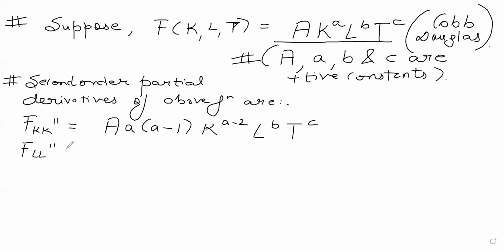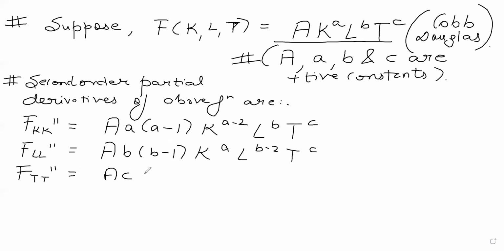Similarly, FLL double dash will come out as b, b minus 1, k to the power a, l to the power b minus 2, t to the power c. And FTT double dash is going to be c, c minus 1, k to the power a, l to the power b, t to the power c minus 2.